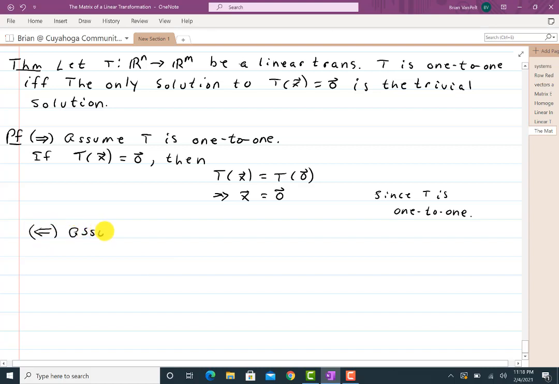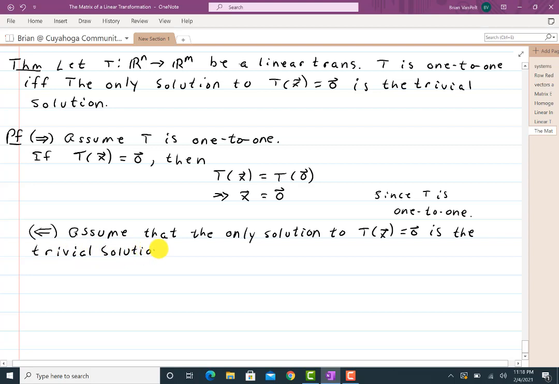Assume that the only solution to T of x equals the zero vector is the trivial solution. Now then, suppose we have T of x equals T of y.